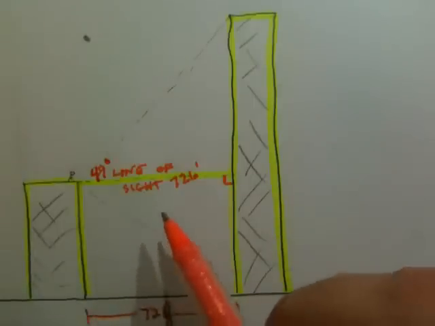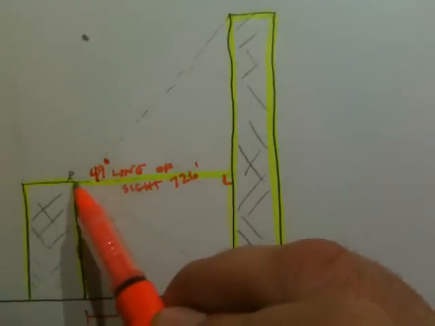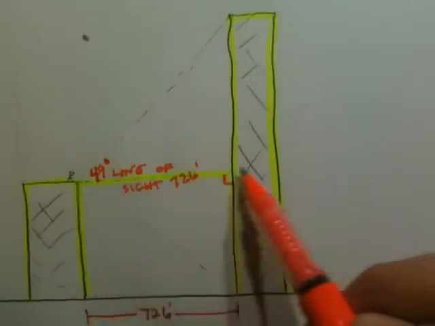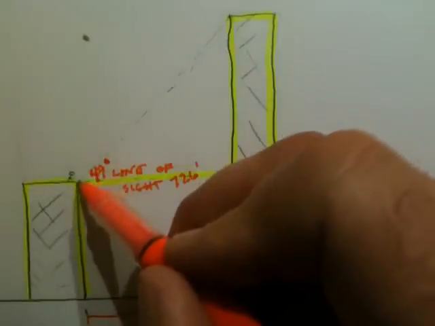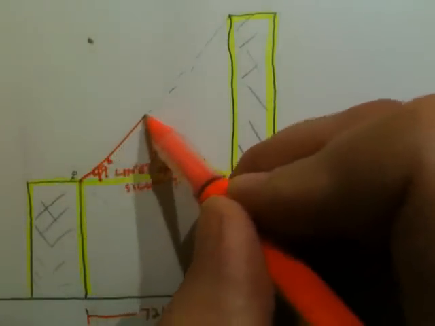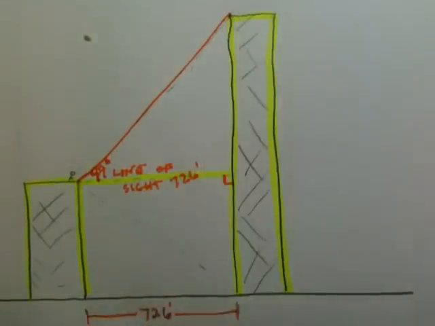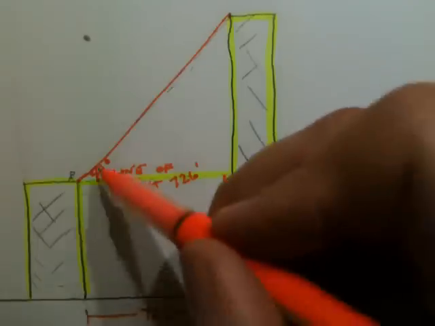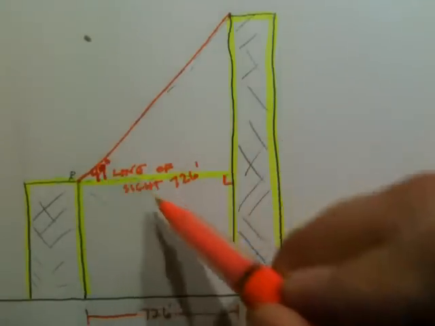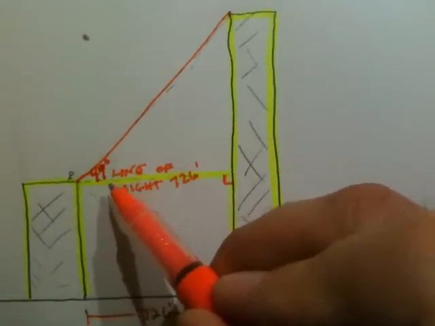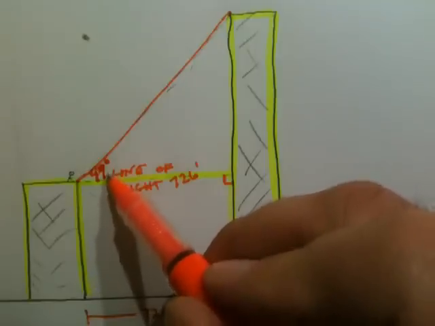Angle of elevation is formed by looking straight out, line of sight, and tilting your head up. Elevation, you're elevating your head. So the angle of elevation for this problem is 49 degrees.